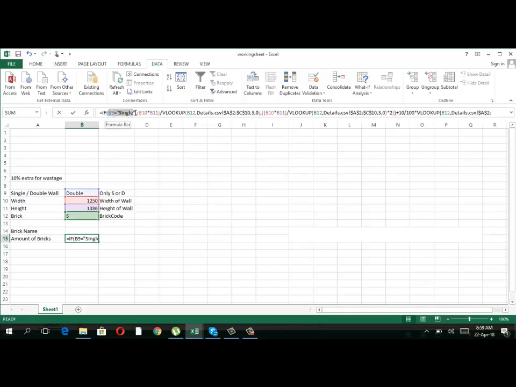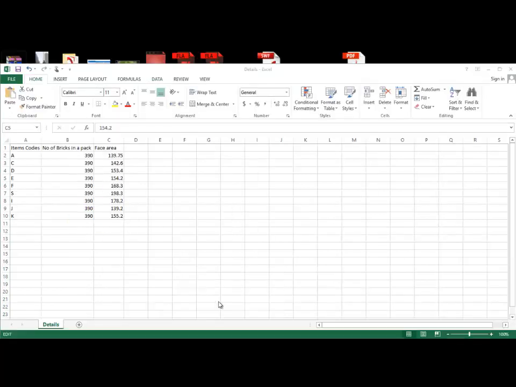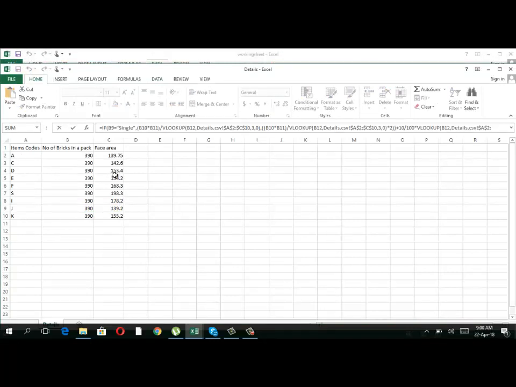So let's look at this. If this value is single, then do what? Multiply B10 by B11 and divide it by VLOOKUP, which I have for B12, which is S. I'll look up from here, and I see I have 153, so it will divide by 153.